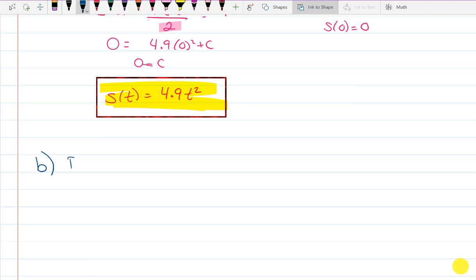So this is the part where we're propelled downwards.